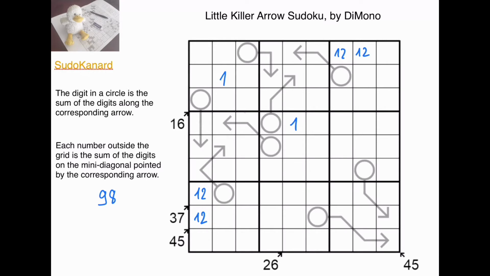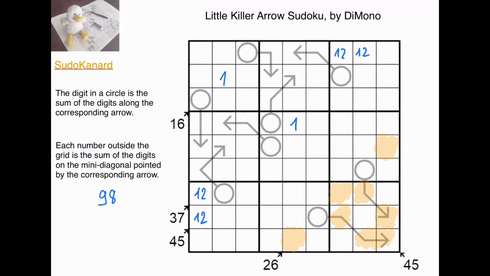But this 26 draws my attention. Let's have a similar count. We take this cell, and this cell, and this one is the sum of those cells, and this one is the sum of the other cells.